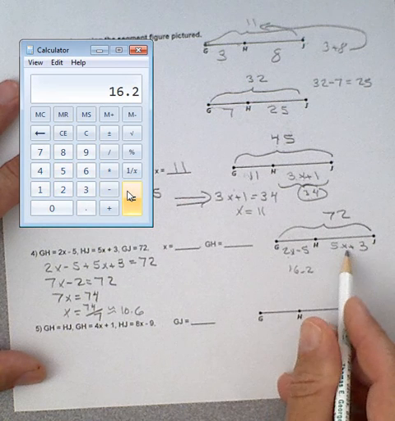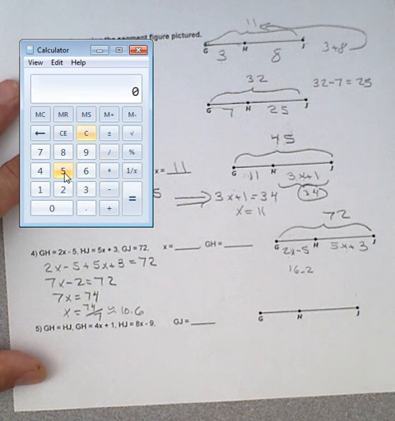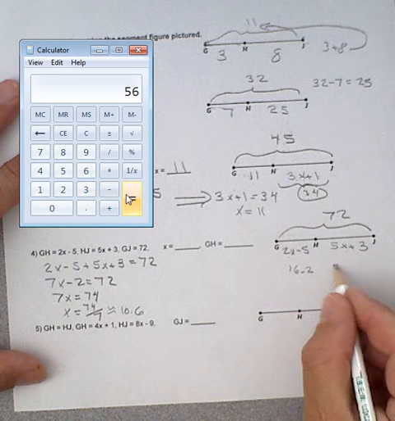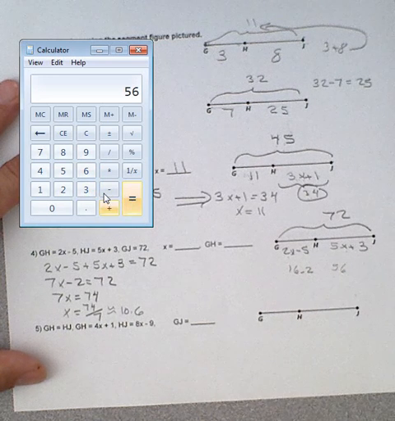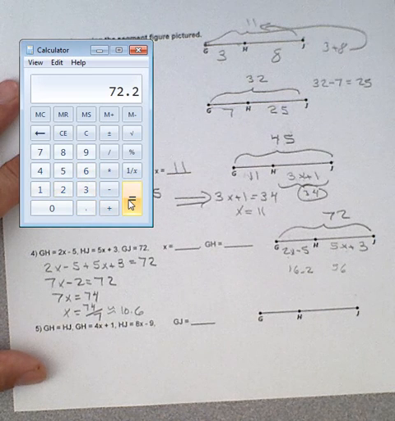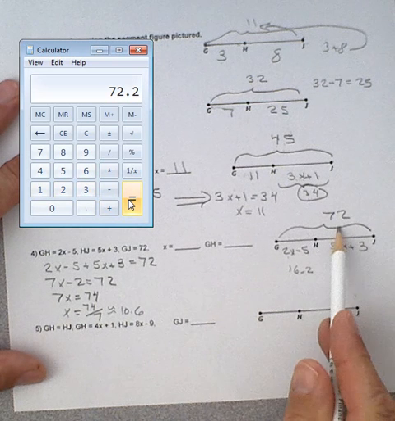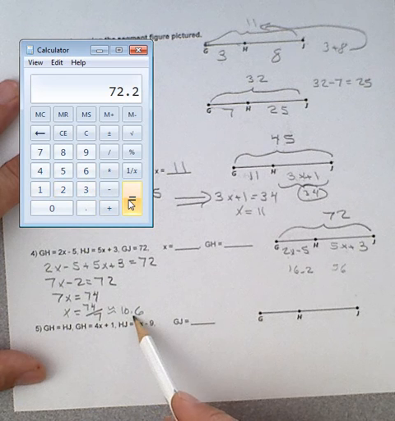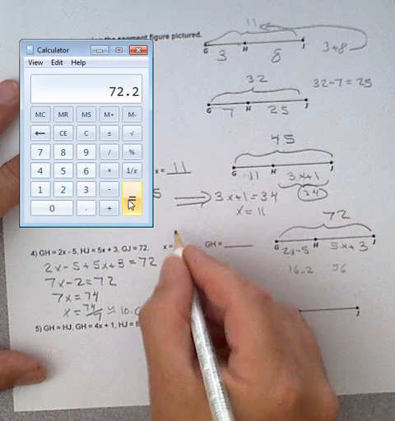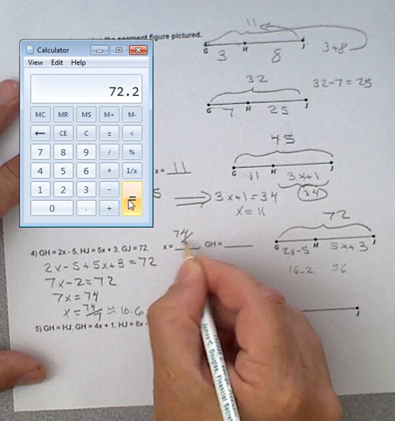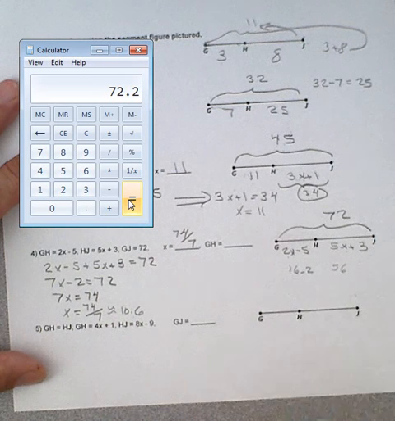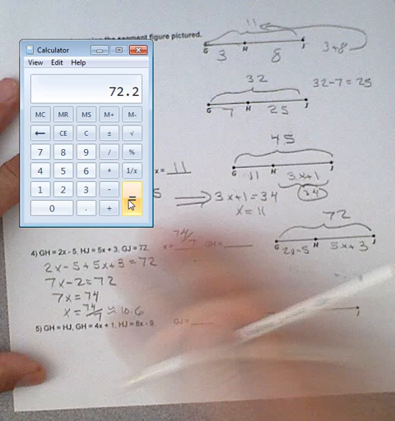And this expression here would be 5 times 10.6 and add 3. 56, and then 56 plus the 16.2, 72.2, which is close. Remember, I rounded back here. So I don't think there's a mistake. I do believe that x is 74 over 7, but I will want to double check it and verify.